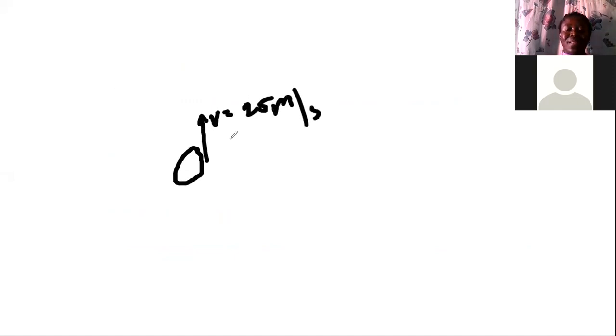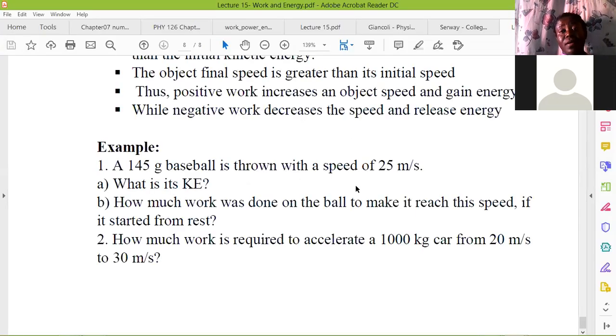Then it's asking what is its kinetic energy. Remember, the kinetic energy is equal to half times the mass times the speed squared. The mass is 145 gram. Remember, we have to convert this to kilogram. Whenever we are doing calculations, we have to make use of the SI units.